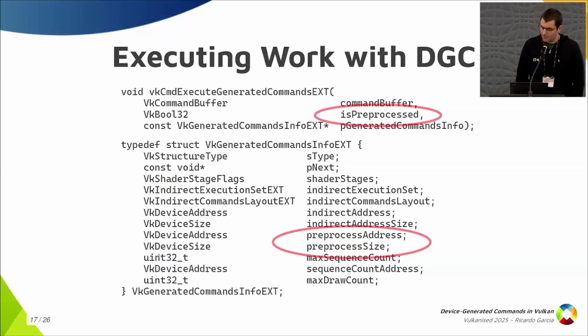And the Boolean value that we pass to the execute generated commands command tells us that that preprocessing step may have happened before. So it may be possible to explicitly do that preprocessing instead of letting the driver do that at execution time. So we're going to take a look at that a bit in more detail.